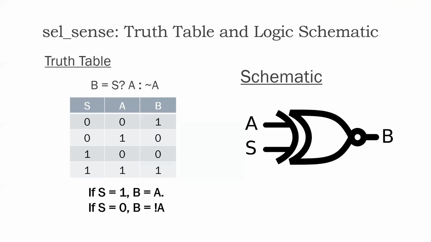So the logic circuit for the functionality that we want is just a simple 2-input XNOR gate. The two inputs are A and S, and the output is B.